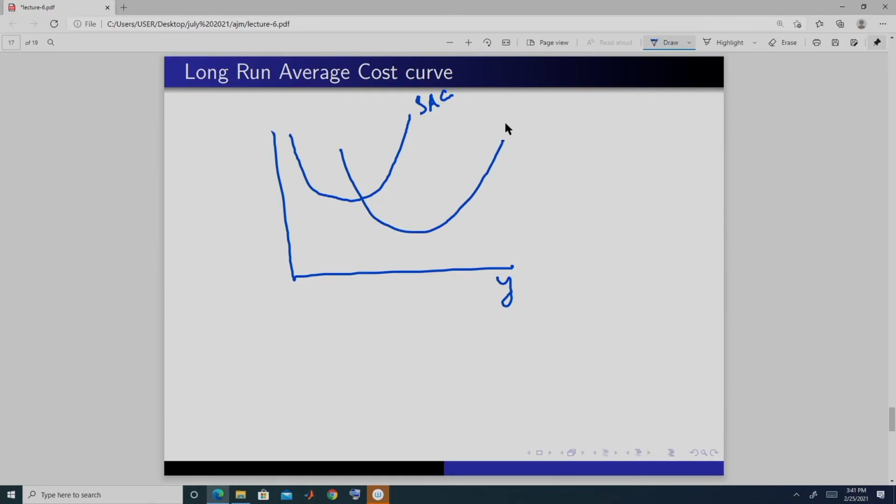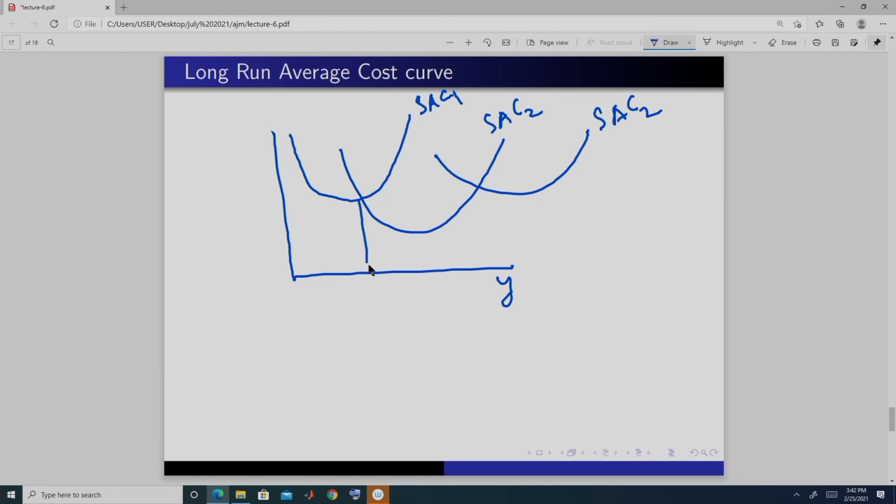So suppose this is another short run average cost curve, and we have a further short run average cost curve of this nature. The plant sizes are increasing as we move along.